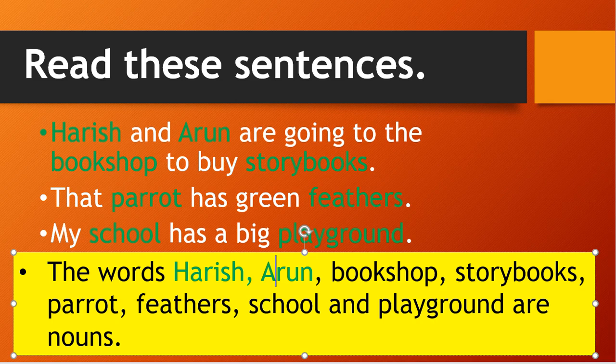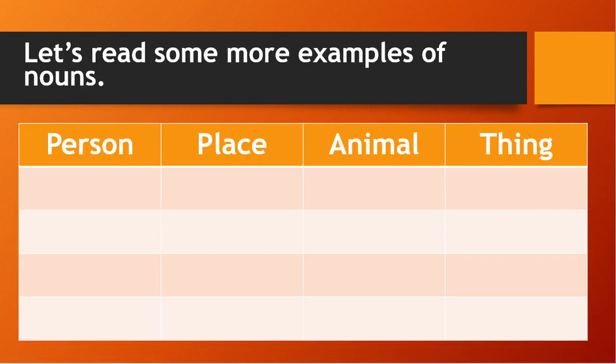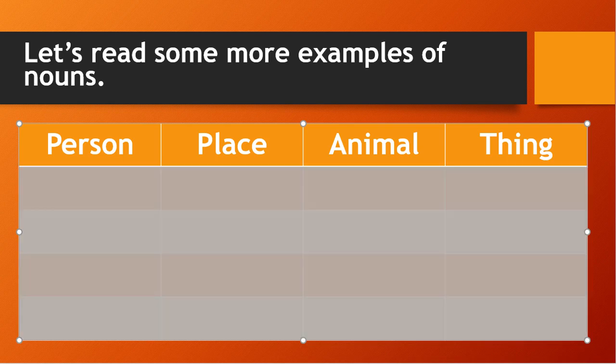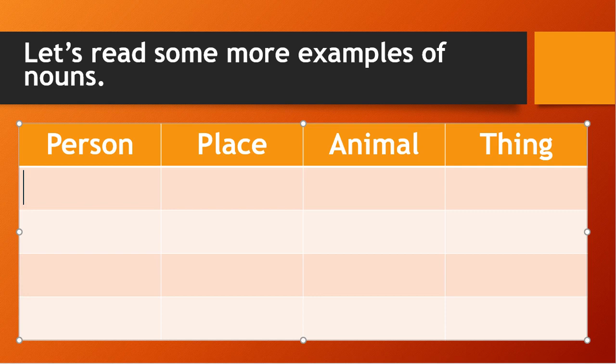Okay, students. Now we will go for a few examples of nouns. We have seen a few sentences, so now we will write down a few examples. Let's read some more examples of nouns.